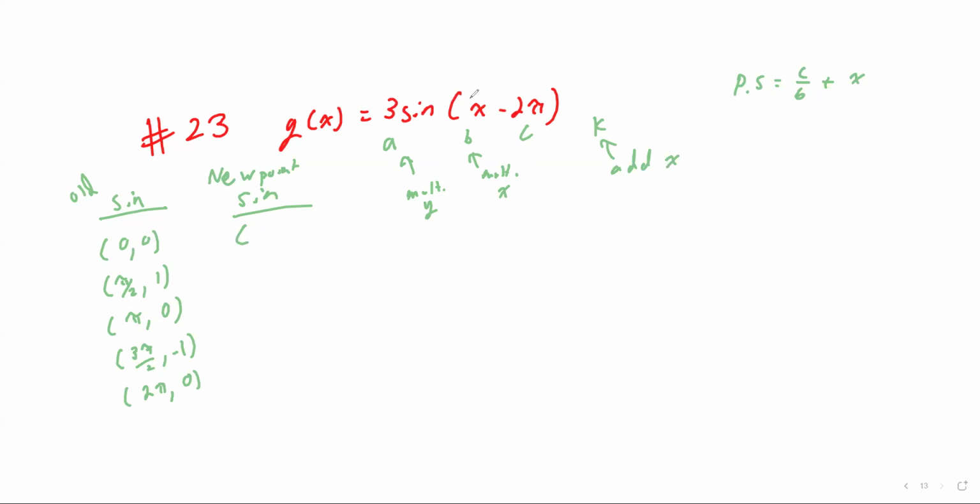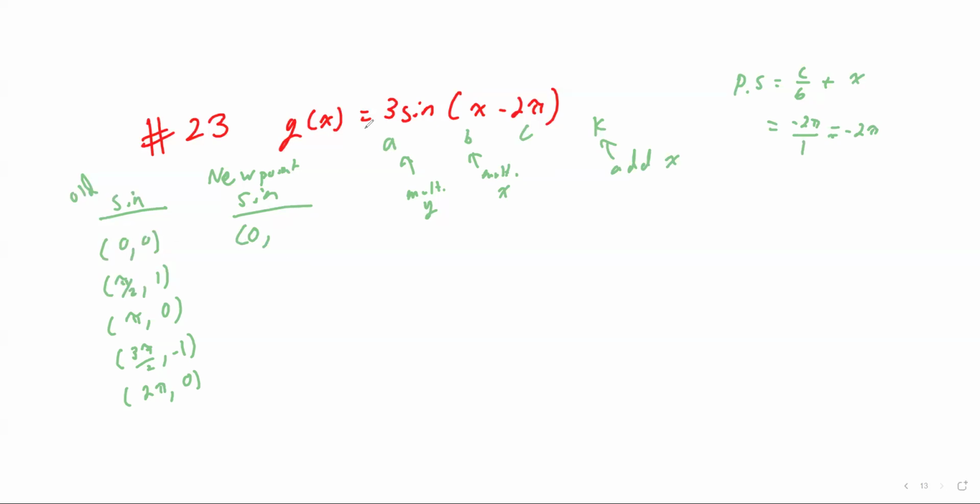So if I'm multiplying by my B, which is 1 in this case, that'd be 0 times 1, which will remain 0. And then I would add my K, which will be 0. So the X value, by just doing this work alone, will not change my answers. The B is 1, the K is 0. So X will not change, only my Y will. So I'm going to multiply my A, or my Y, and then add my phase shift. Let me go ahead and calculate the phase shift here. That'd be -2 pi divided by 1, which is -2 pi.